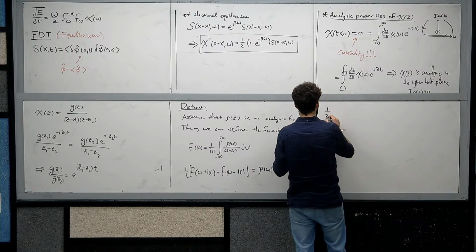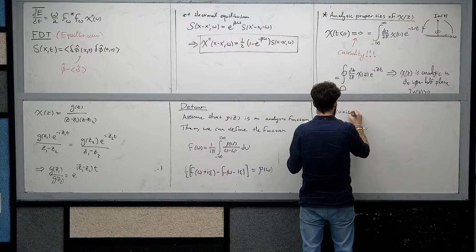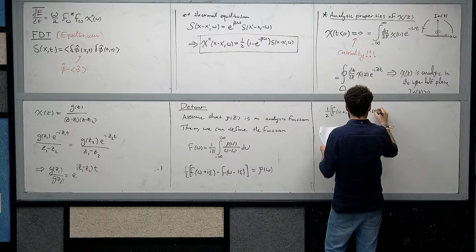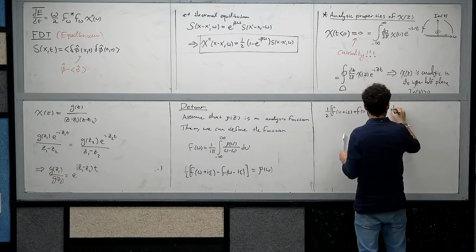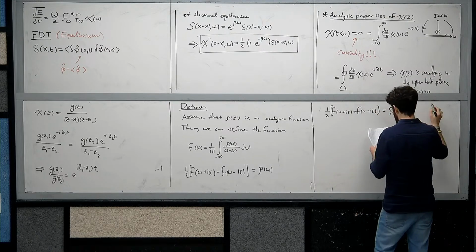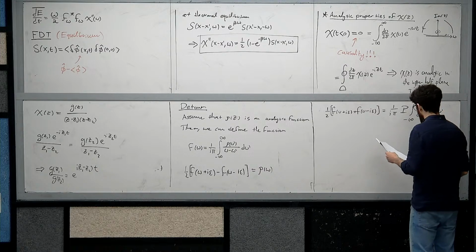And if I look at 1/2 of f of omega plus i epsilon plus f of omega minus i epsilon, then I get 1 over i pi, the principal value of the integral from minus infinity to infinity, rho of omega prime divided by omega minus omega prime, d omega prime.